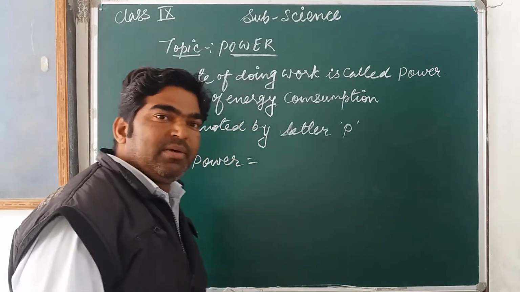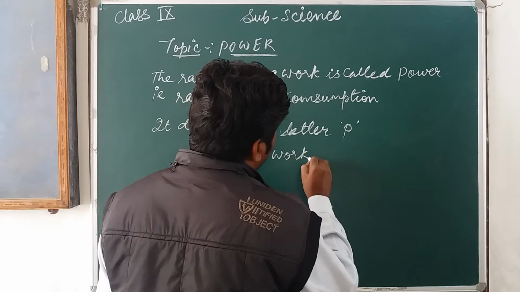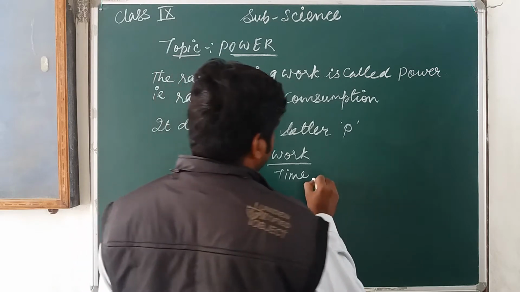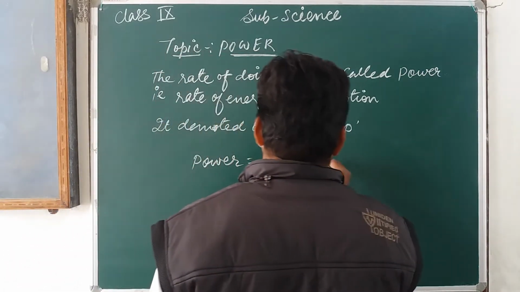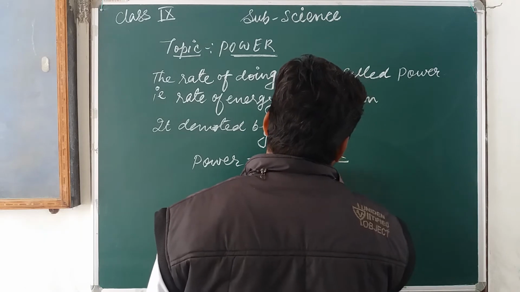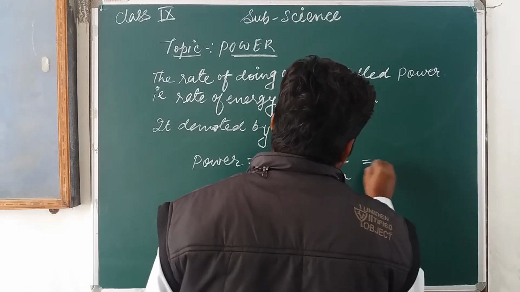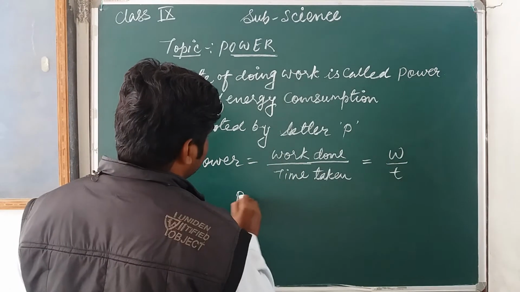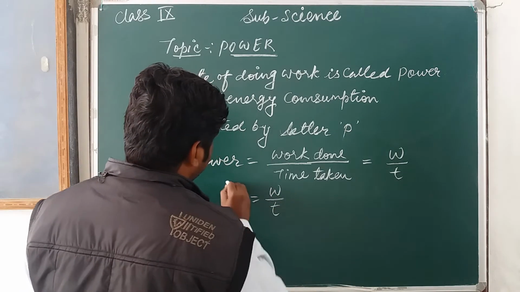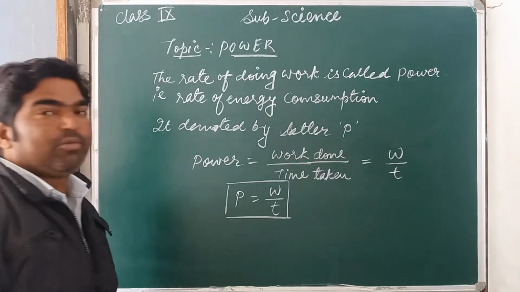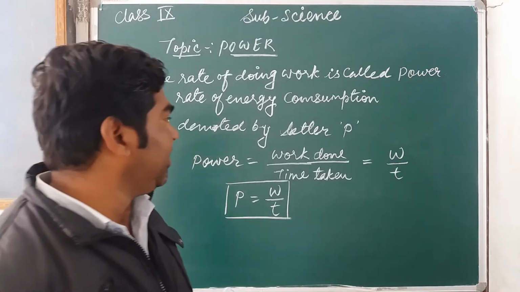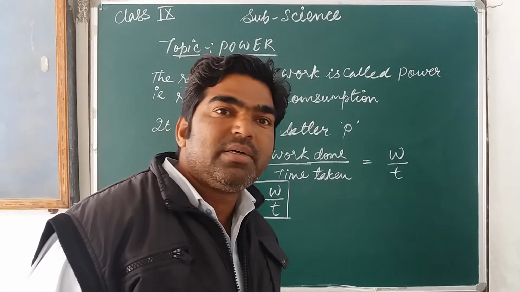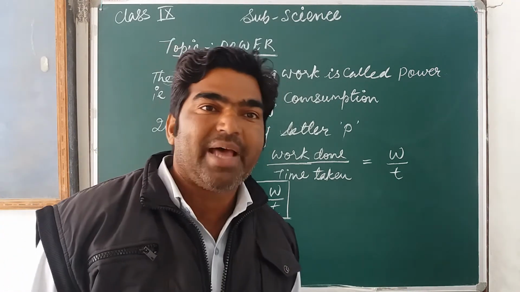So power is work done divided by time taken, or simply W by T. This power is calculated by the formula P equal to W by T, meaning how much work is done per unit time, per second.